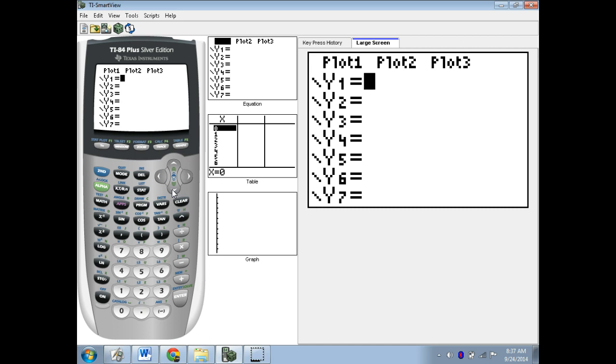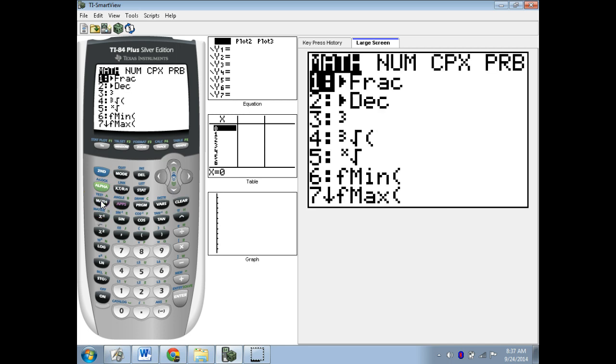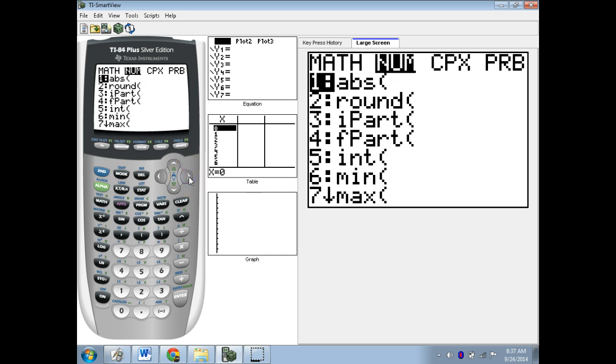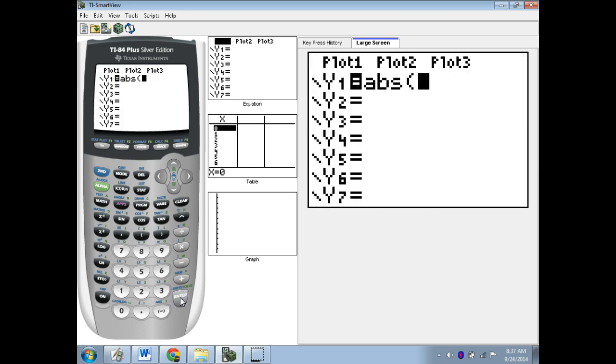Now, to get to the absolute value function on your calculator, we're going to go to Math, and then right arrow over to the number, and it's the first option. The ABS stands for absolute value, and hit enter, and then that pops up in the Y sub 1.